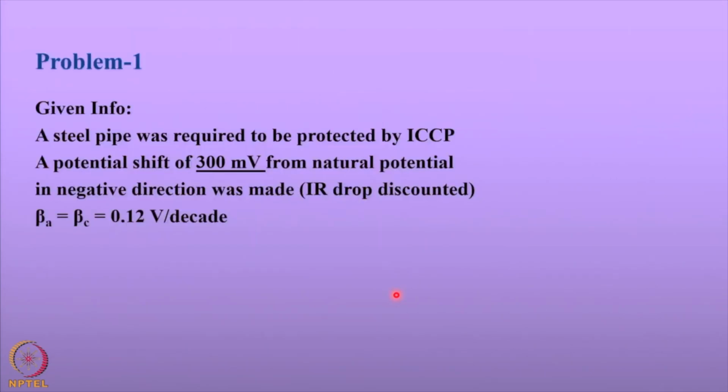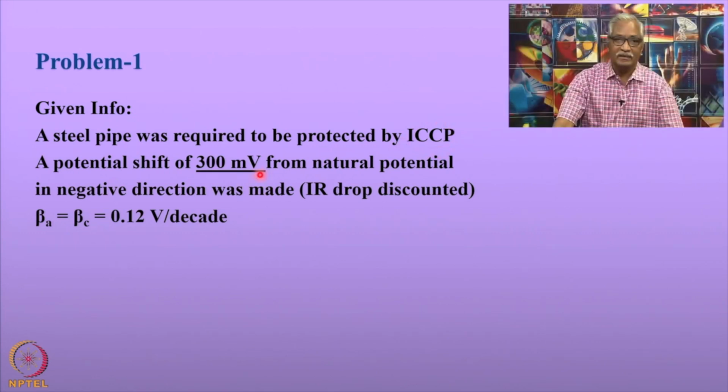Let us go to problem number 1. In problem number 1, we talk about the cathodic protection of a steel pipe using impressed current cathodic protection. Here we look at application of a 300 millivolt potential on the metallic surface in order that the structure is adequately protected.